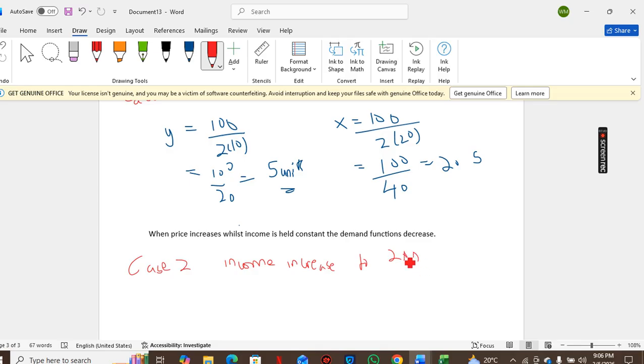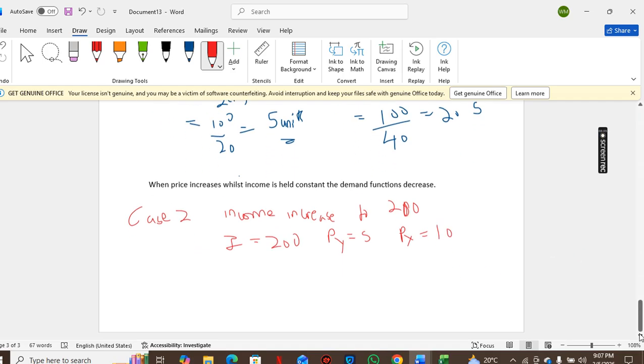So income 200, PY we said it was 5, PX we said it was 10. Okay. So let's see what happens.